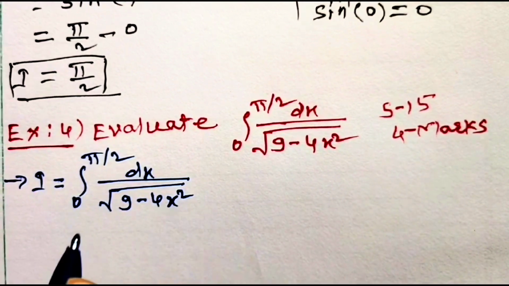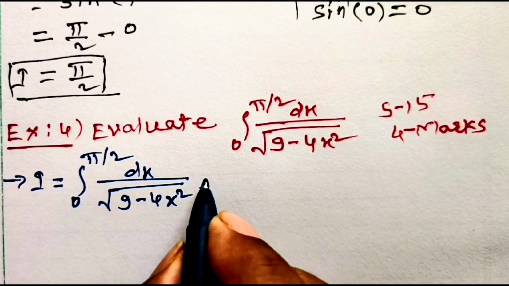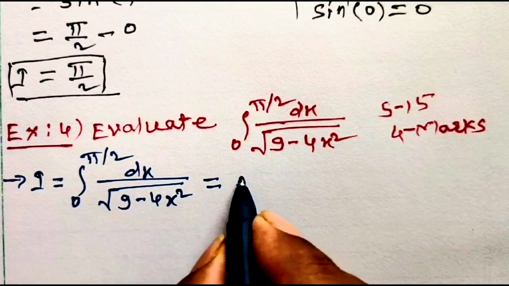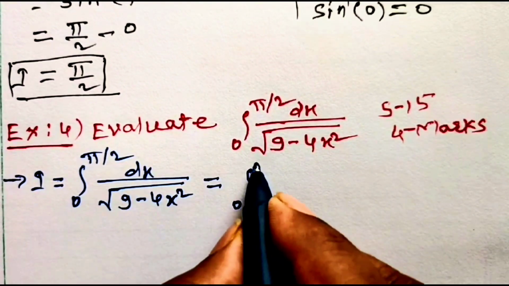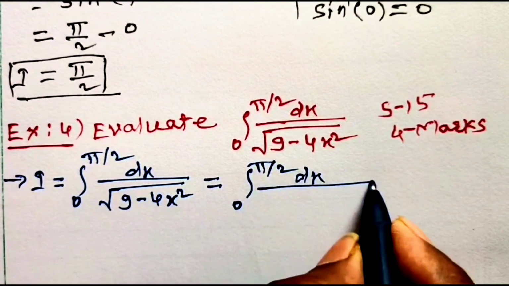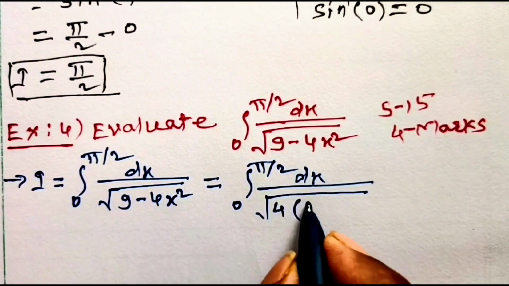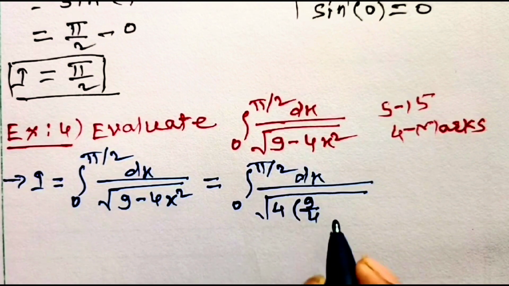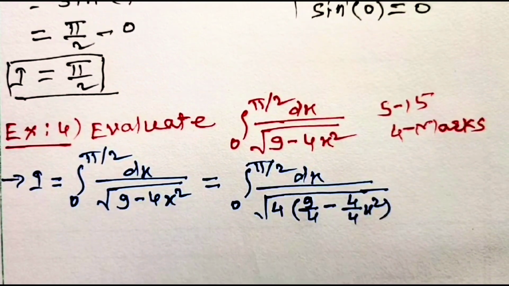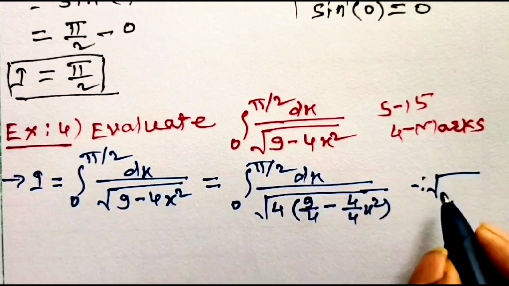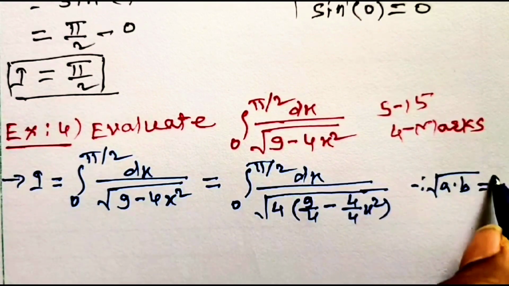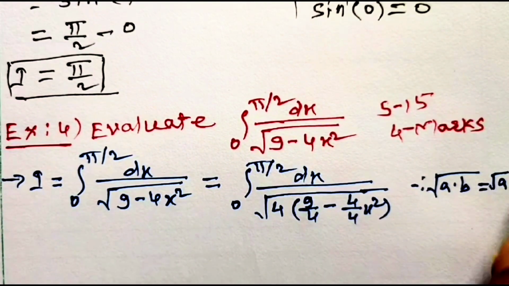So I is equal to, we can simplify this and try to get it in standard form. Integral from 0 to pi by 2 dx divided by square root of, you are taking 4 common from these two terms, means you are dividing both terms by 4. Now square root of 4, you know this formula, square root of a into b is equal to square root of a into square root of b.